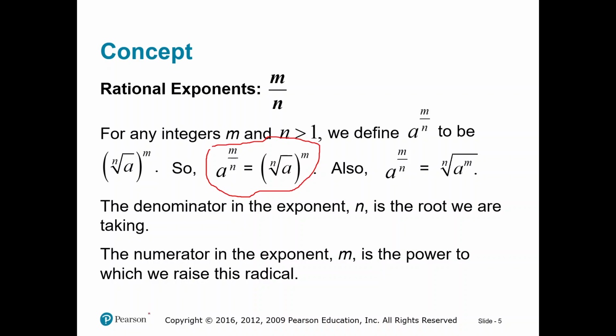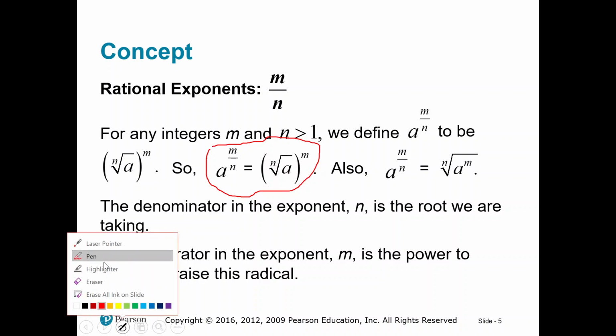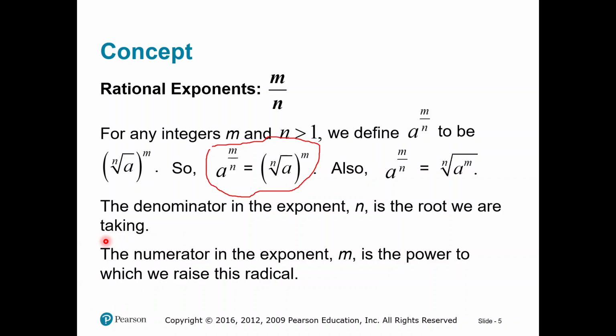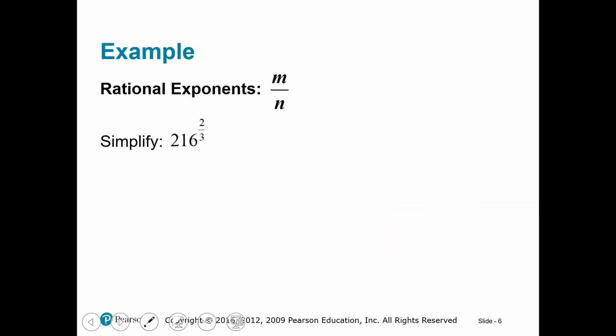So a to the m over n, the n is the index or the root of a, the m is the power of a. And so here we have 216 to the 2/3.